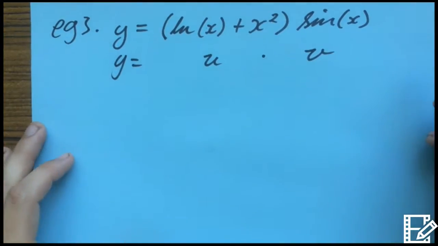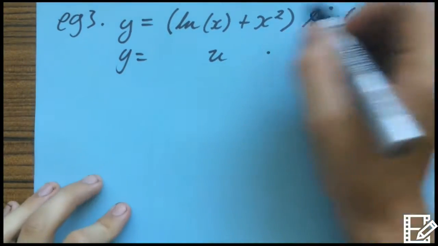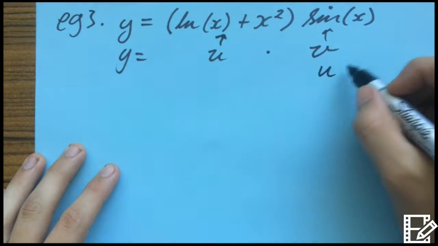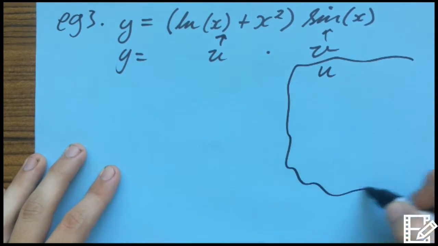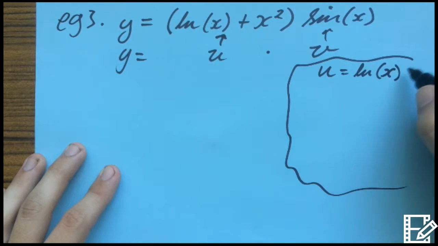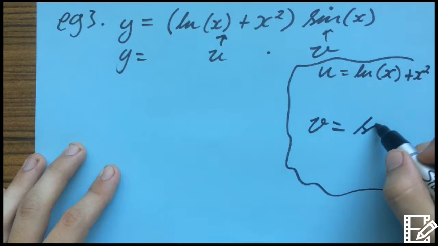That's dramatically spread out, but that's just to help you understand what's what. So, if we label u as ln of x plus x squared, and v as sine x.